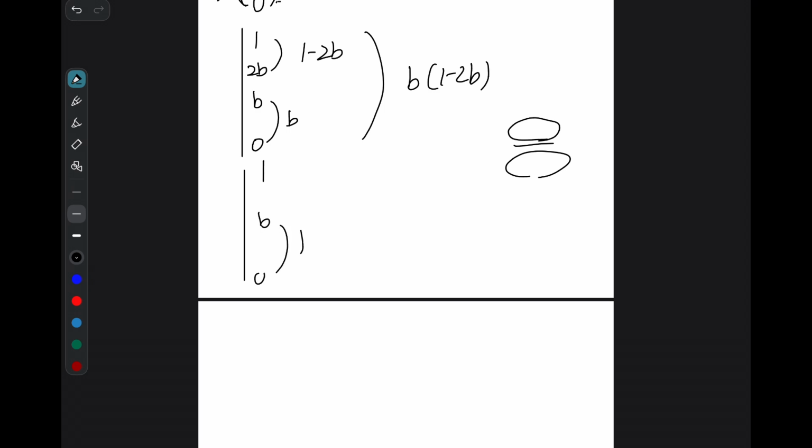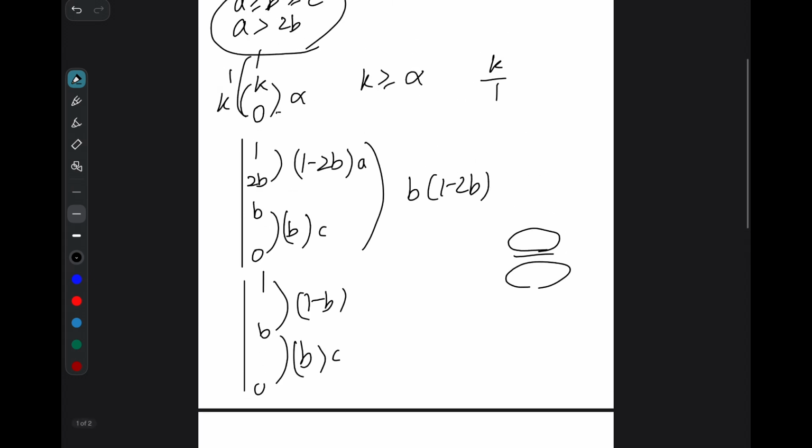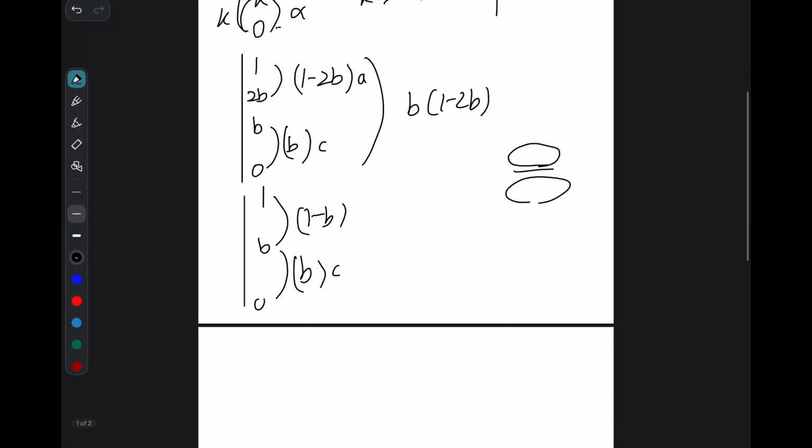So c has b choices and a has 1 minus b choices. Since we're just ignoring this thing I'm circling in red to find the thing that should go under here, we multiply these two and it will be b times 1 minus b.